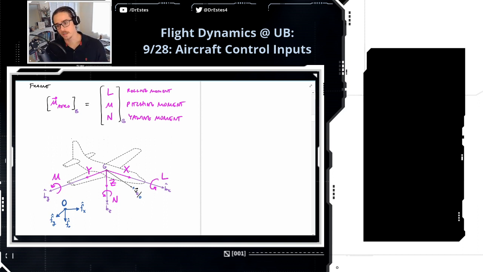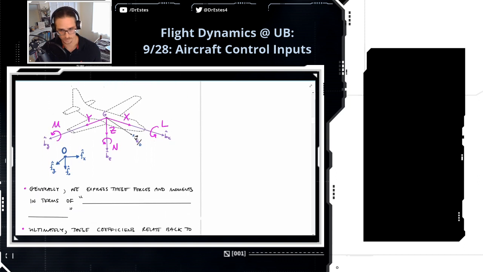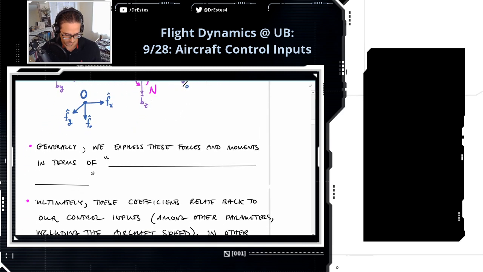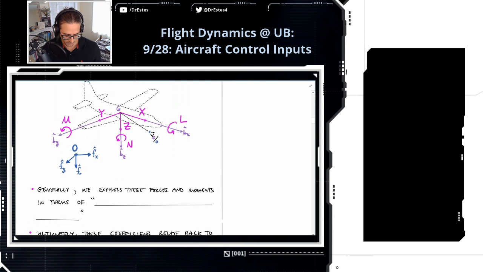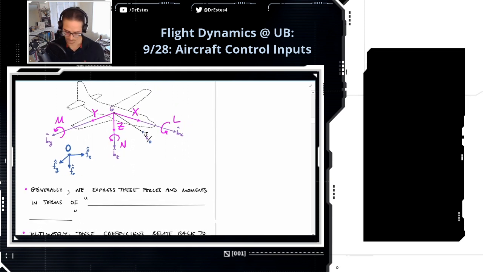Okay, so these are the aerodynamic forces and moments, and these show up in our equations of motion. But we manipulate these forces using, like I said earlier, the rudder, deflection, elevator. And so we're trying to say, well, how are those connected? The connection point is going to come back to something called non-dimensional empirical coefficients.